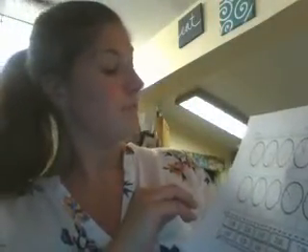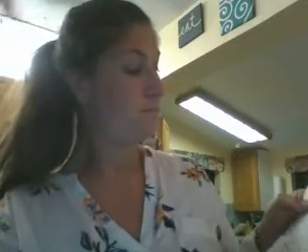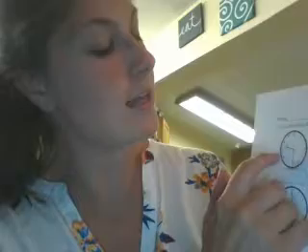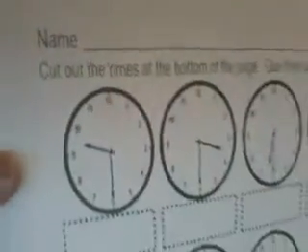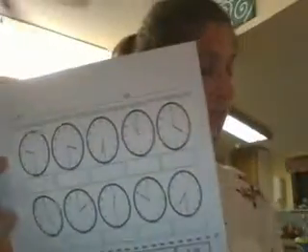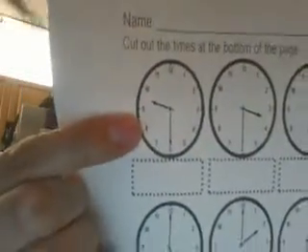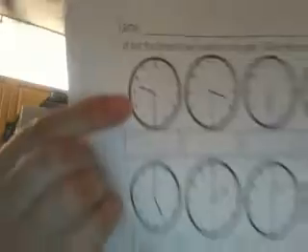So the first one, the shorthand is between the 9 and the 10, and the long hand is on the 30. Do you guys know what time this is? Excellent job, you guys. Yes, 9:30.